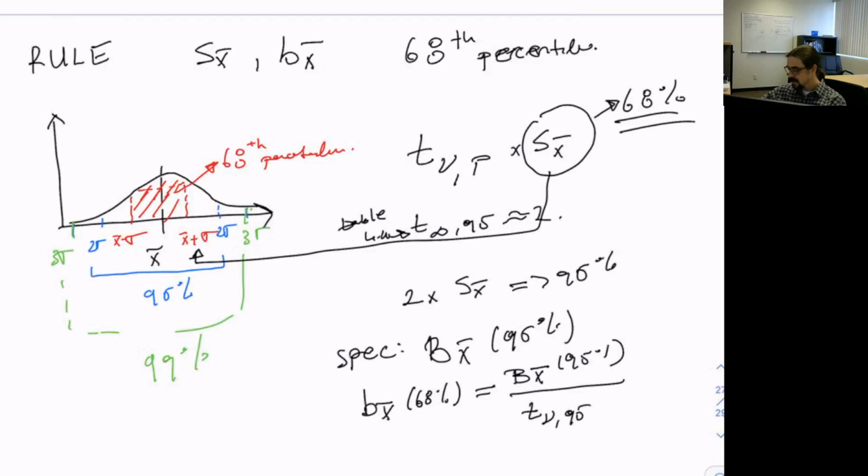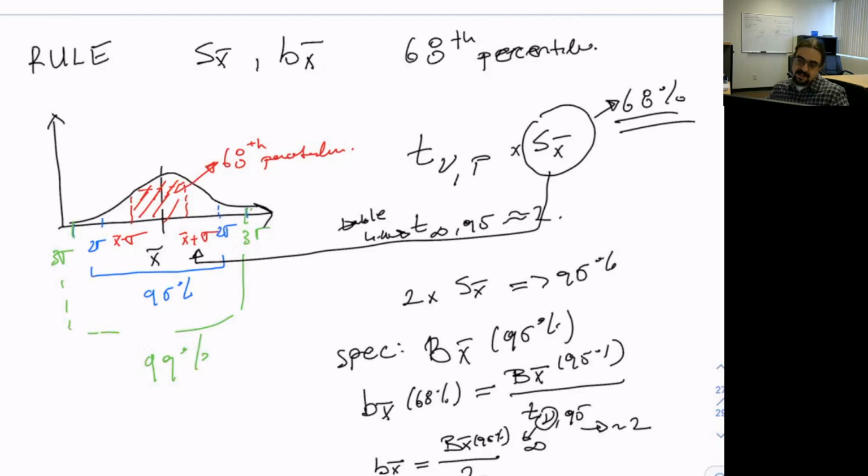In spec sheets, we can always assume this is infinite because it's a large sample size, so you can assume that t is around 2. That means that Bx bar is equal to the 95 percentile systematic error divided by 2.